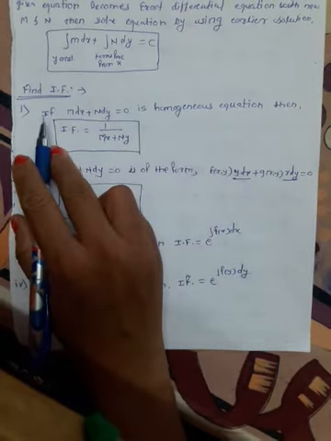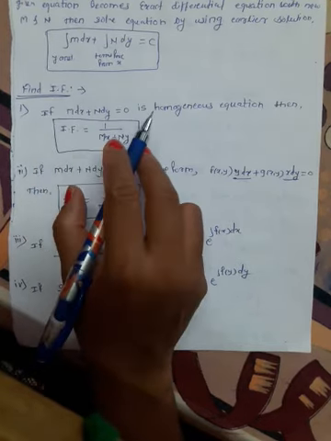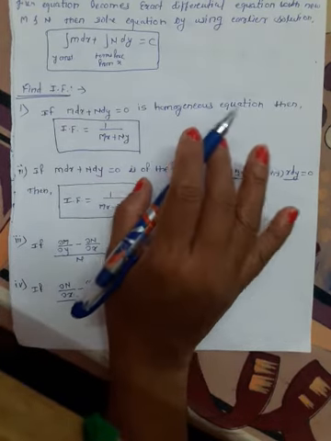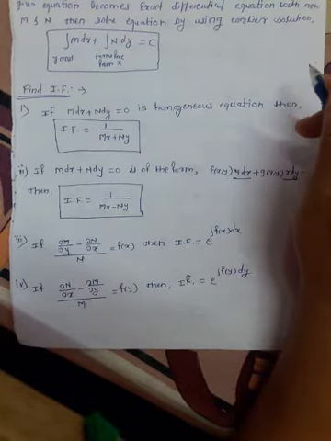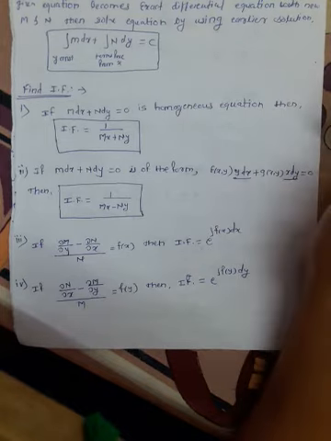Suppose first, if M dx plus N dy is equal to 0 is a homogeneous equation. Homogeneous means what? The degree of each term should be the same.